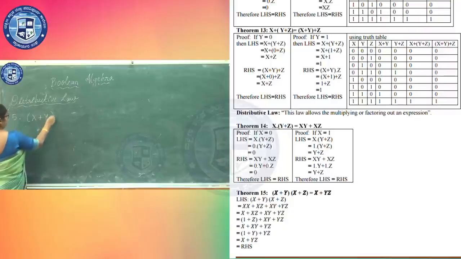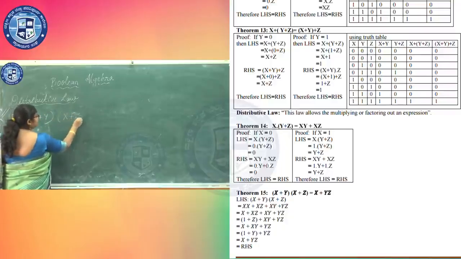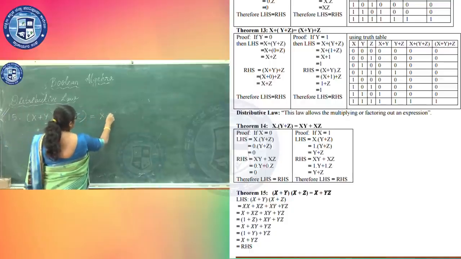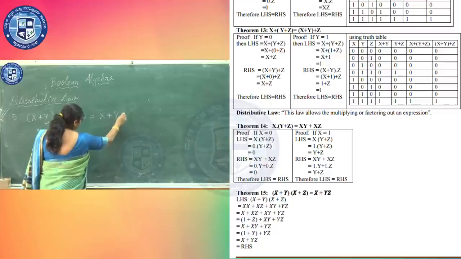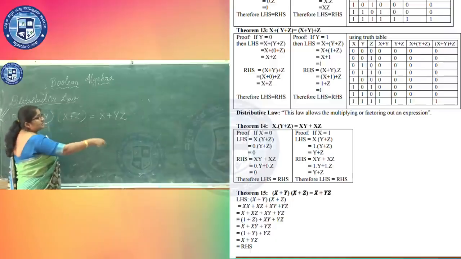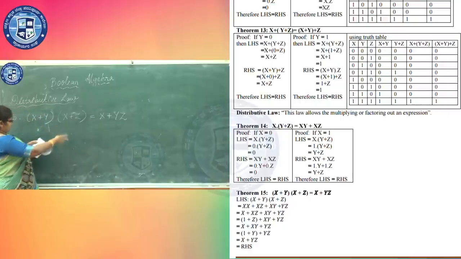x plus y into x plus z is equal to x plus yz. Here we are not taking the LHS separately and proving it to some value, or the RHS to some value, and it is not proved like that, nor are we putting any value to x and y.